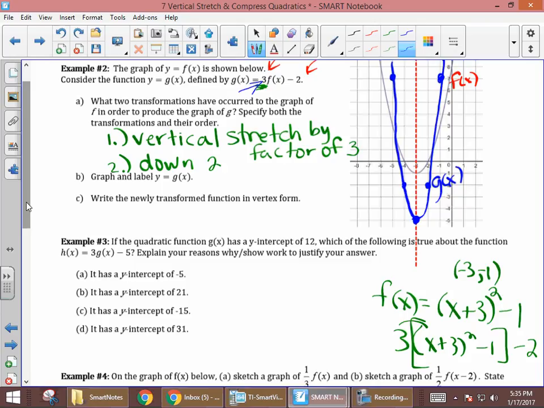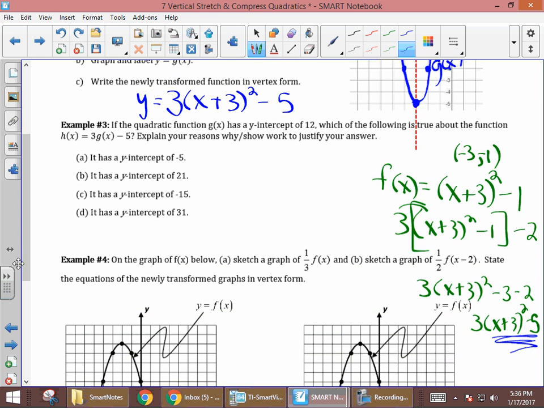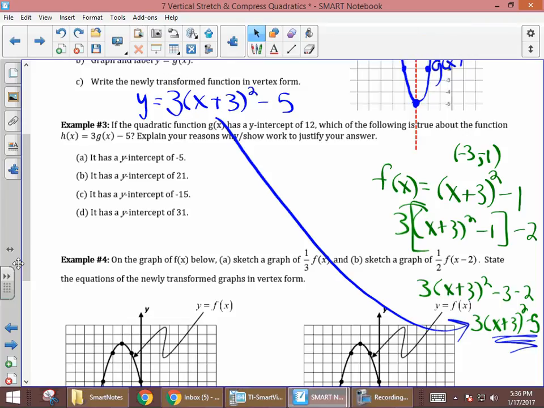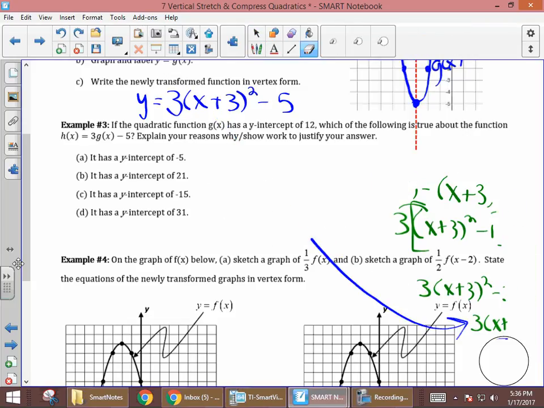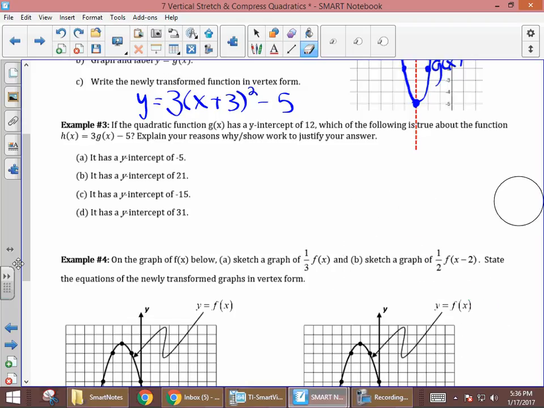And I'll scroll back down, but now we know y equals, that vertex is at -3, so x plus 3 squared minus 5, and the multiplier was 3, which is the same answer we got down here. So whichever way you want to go about it is fine by me, but I just want you to be aware of all the different possibilities. All right, I'm going to erase this so we have room to do the last couple problems.